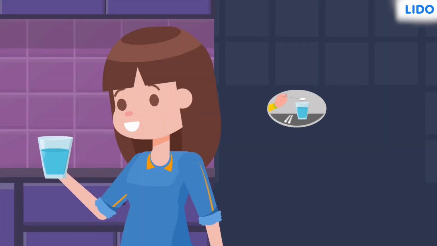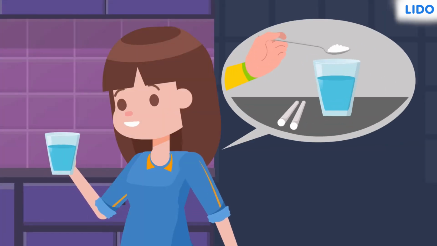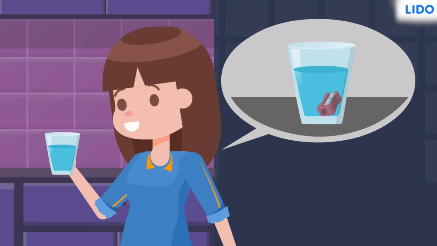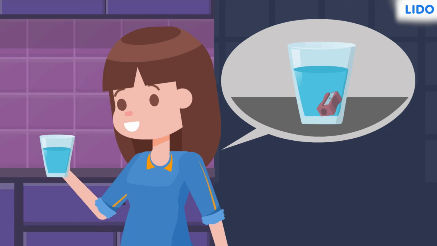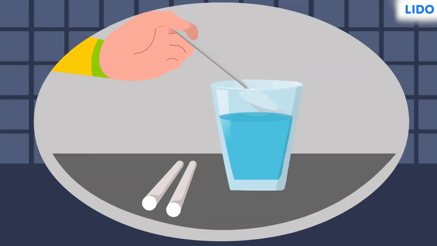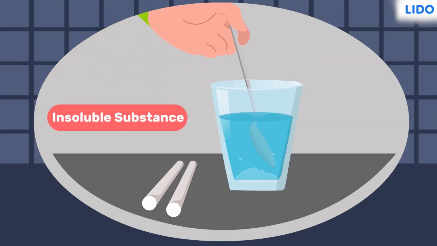But Naina wonders, if she drops some chalk powder in the water, will it dissolve? Chalk powder, when added to the water, doesn't dissolve because it is an insoluble substance, and such substances do not dissolve in the solvent.